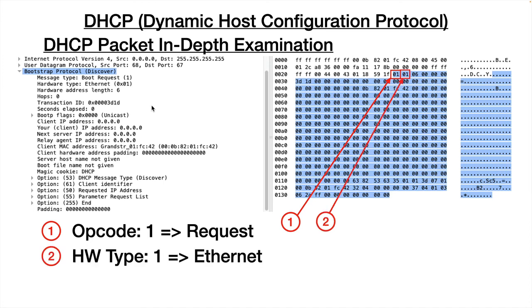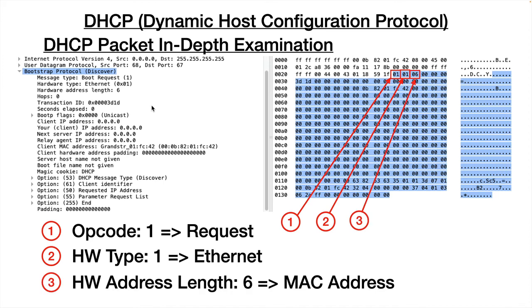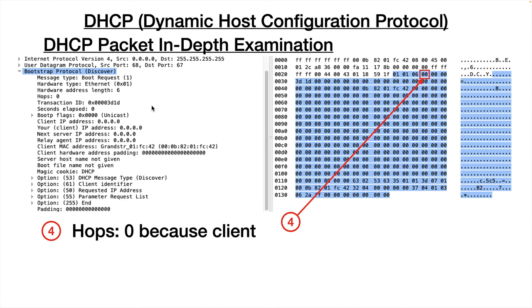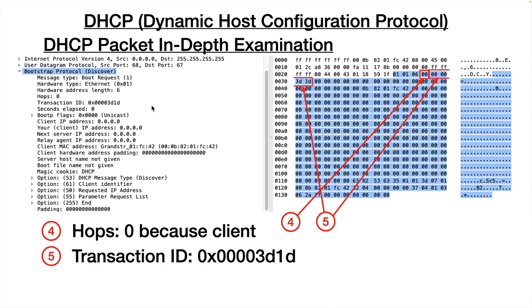The hardware type is 1, which I said earlier stands for Ethernet. The hardware address length is 6 because we have a MAC address.